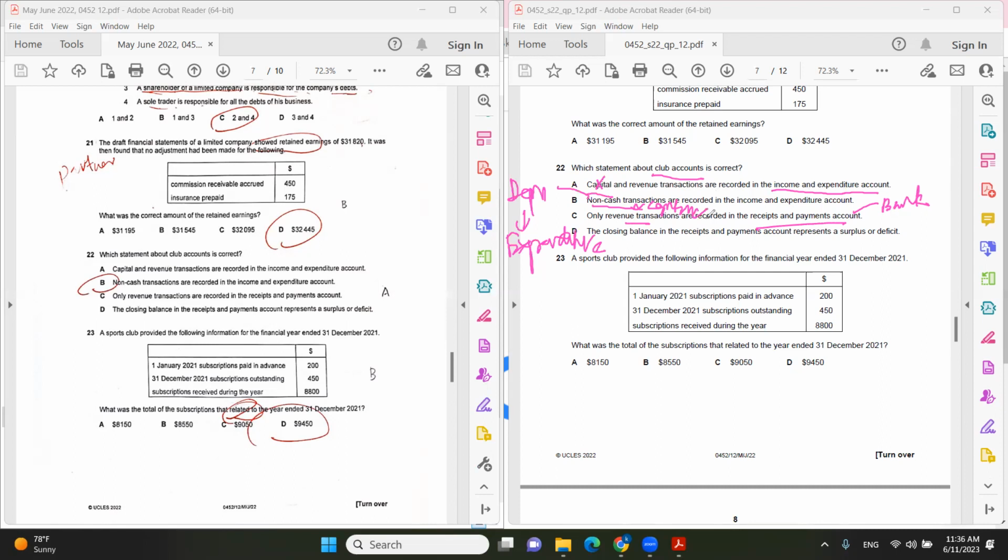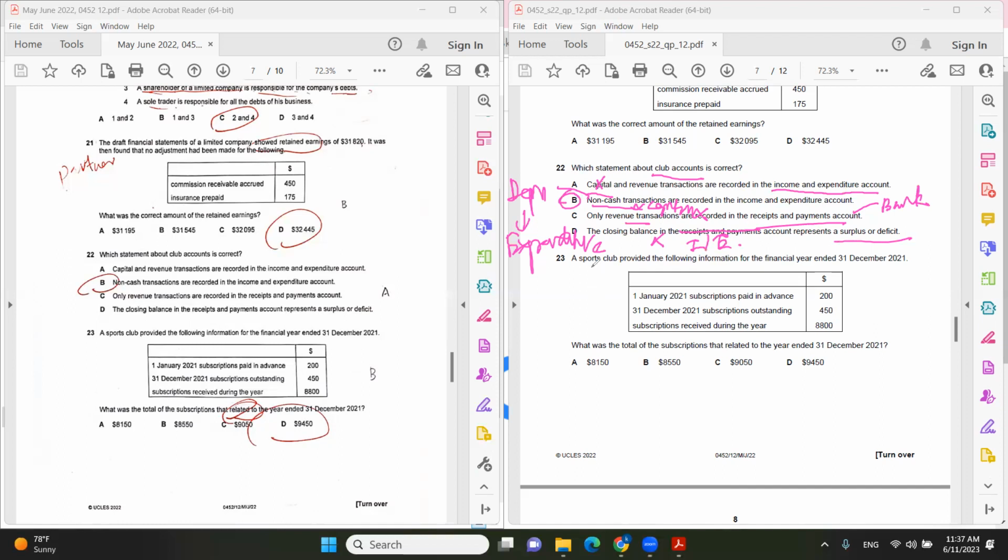So this one is out. Next is that the closing balance in the receipt and payment account represents a surplus. No, it's the income and expenditure that represents the surplus or deficit. So this is wrong. So the answer should be B.